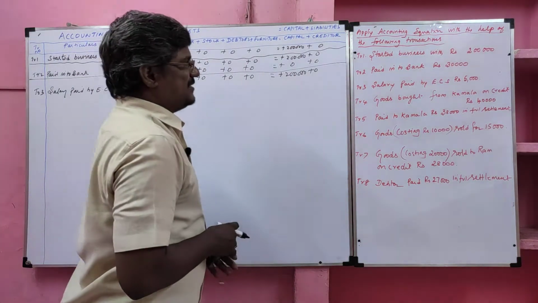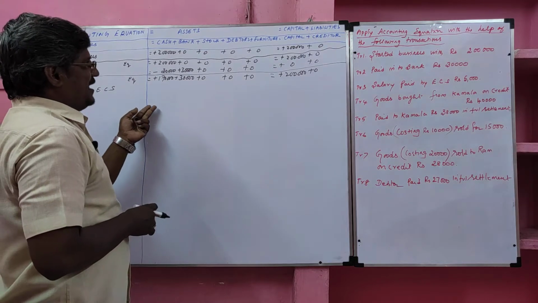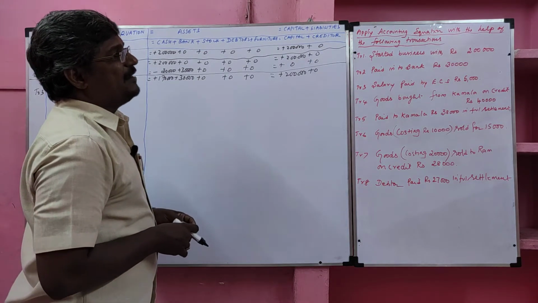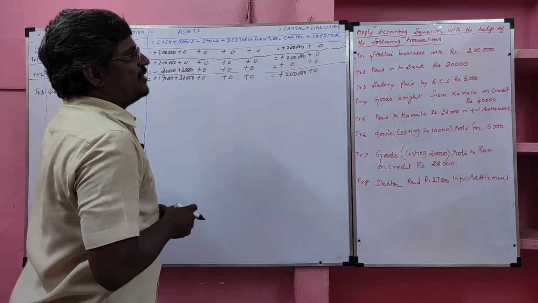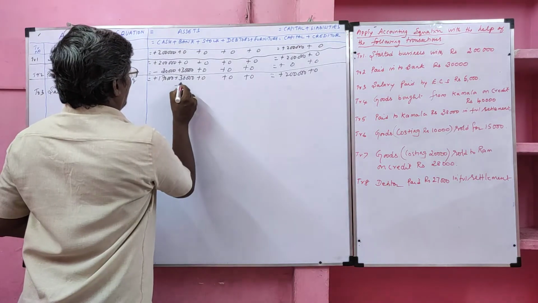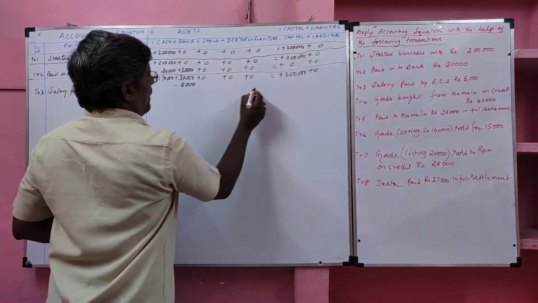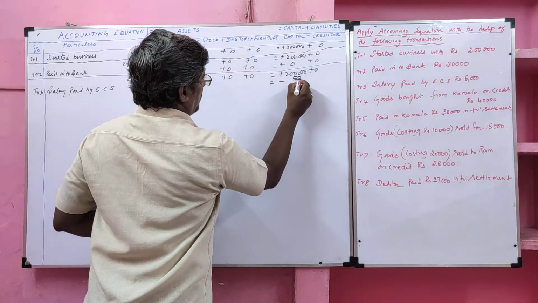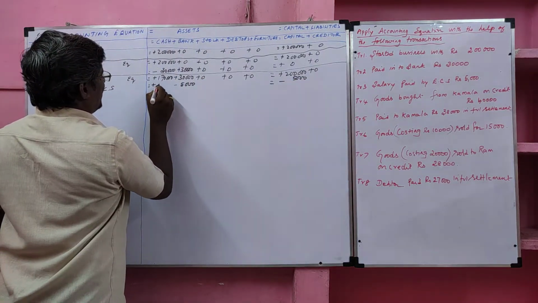Normally expenses should be deducted from cash and capital. Here the salary is paid through bank ECS, so we should deduct bank and capital. Other items we can mark as 0.